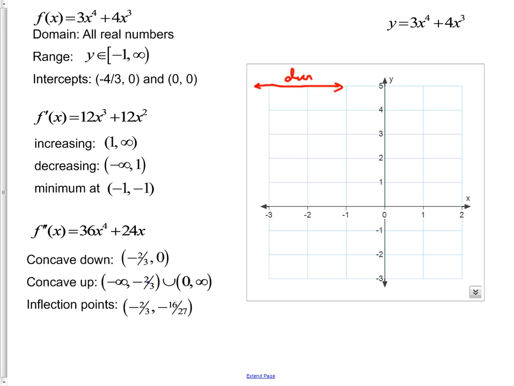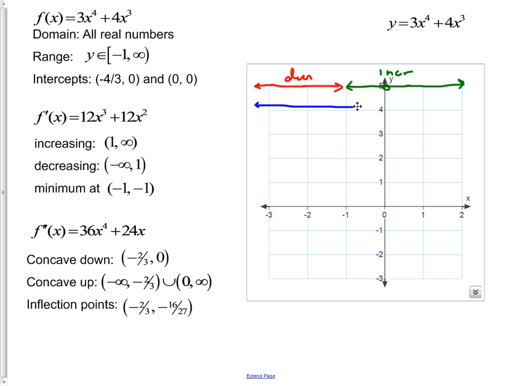And then it would be increasing on the interval from negative 1 all the way up to positive infinity, with a little bit of a break there at 0. So that's increasing.